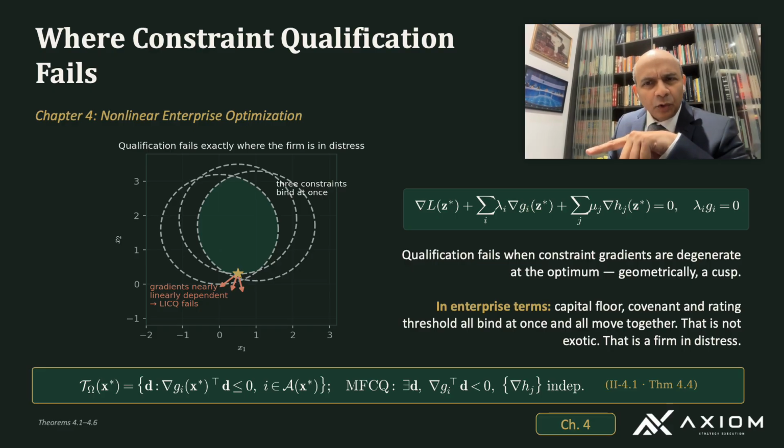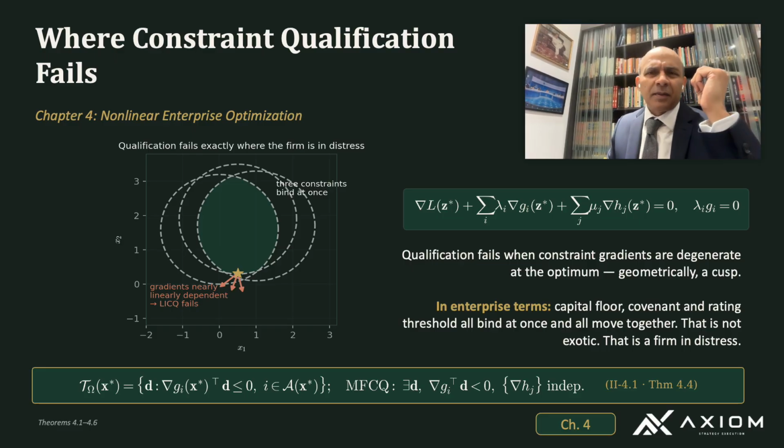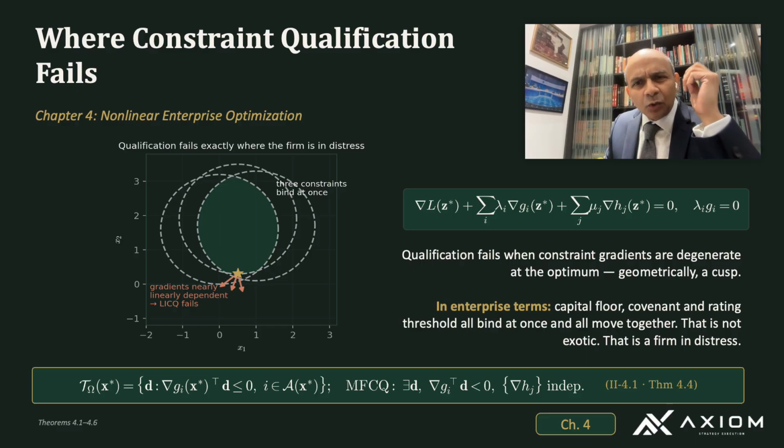Practically, your capital floor, your covenant, and your rating threshold all bind at once and all move together. This is a firm in distress, and it is exactly the state in which management most wants an optimization answer. So the regime where the enterprise most needs the theory is indeed the regime where the qualification most often fails.